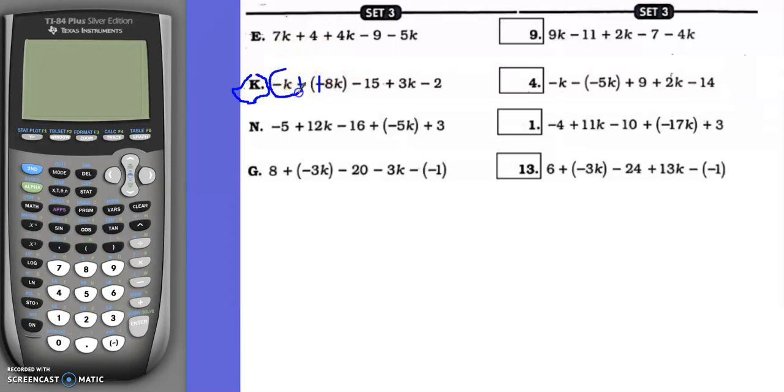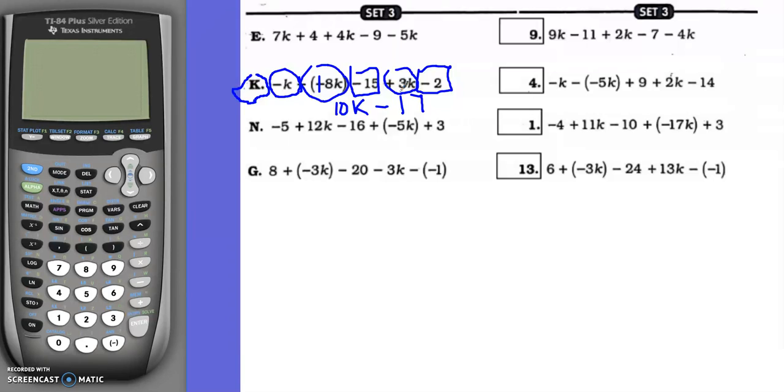So we're going to combine this, this, and this. 7K plus 3K is going to get you 10K. Then we have a negative 15 and a negative 2, which is going to get me minus 17.